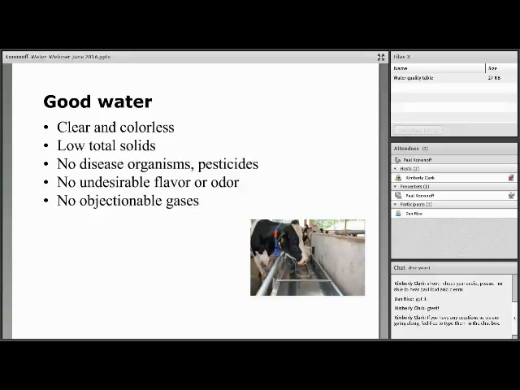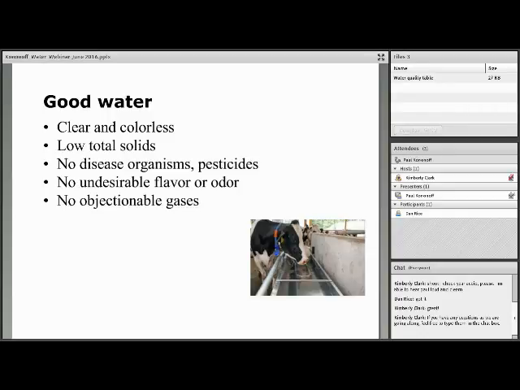When I gave the talk in Illinois, one of the questions I had was how frequently should I test my water? It's hard for me to give an exact answer, depending on what your farm is challenged with, but I would recommend that once every 6 months you get a water test and use that, number one, to set a baseline, and then you can see how things are changing over time on your farm.